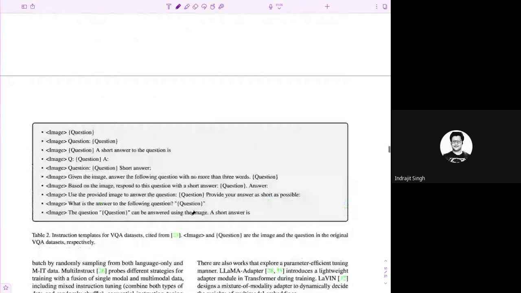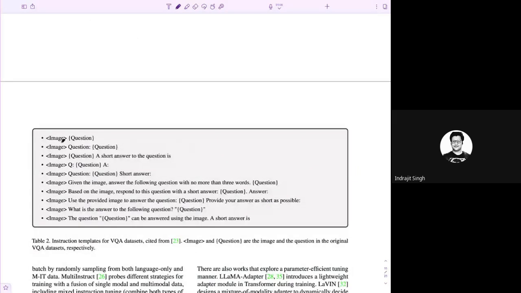Now you can see an example here, table 2. There's an image and there's a question, and then you have a short answer to the question, and then you have another question and a short answer to that question. Given the image, answer the following question with no more than 3 words. It's an instruction that is given, and based on the image, respond to this question with a short answer, right? Use the provided image to answer the question.